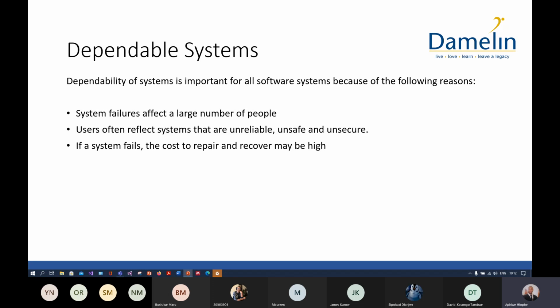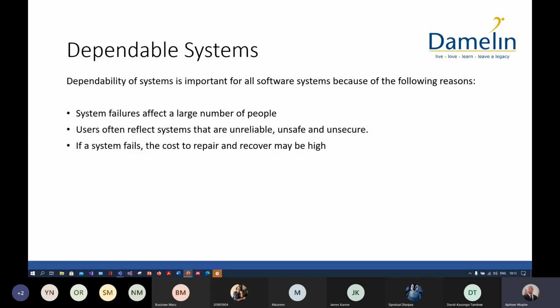You can imagine if the bank's system had to go down, people won't be able to go and withdraw their money and so forth. So it's very important to consider these aspects of dependability and how we can go about measuring dependability. Users often reject systems that are unreliable, unsafe, and insecure.